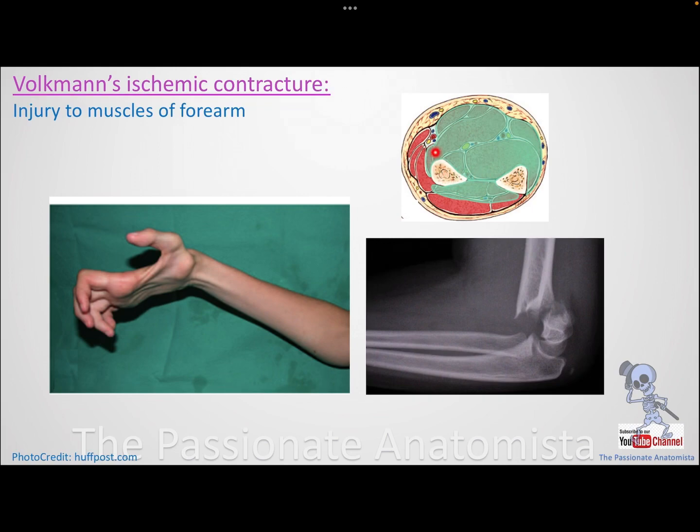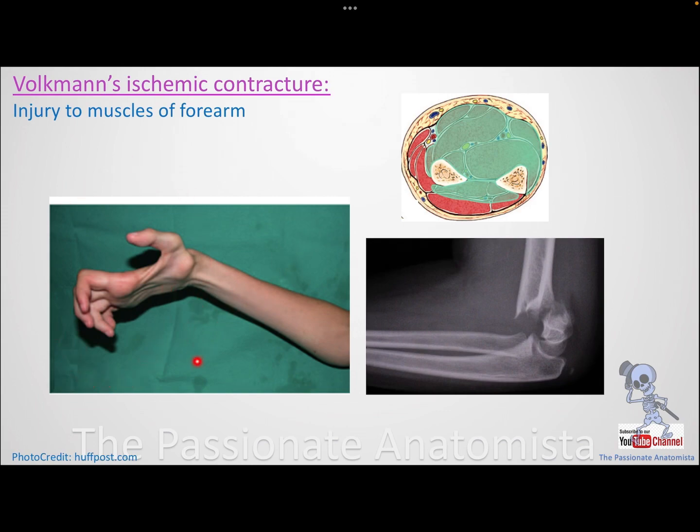In that case, you will have a problem of all the flexor muscles of your forearm and some extensor muscles. That will give you these signs and symptoms: flexion of the interphalangeal joints, extension of the metacarpophalangeal joints, and flexion of the wrist. So mainly your problem is going to happen in your hand and finger muscles.